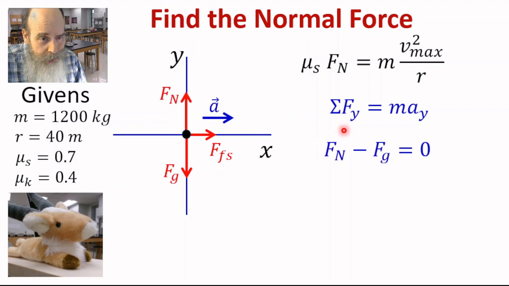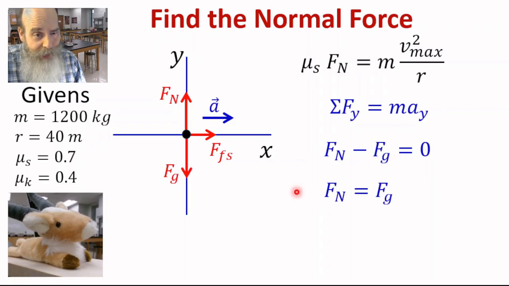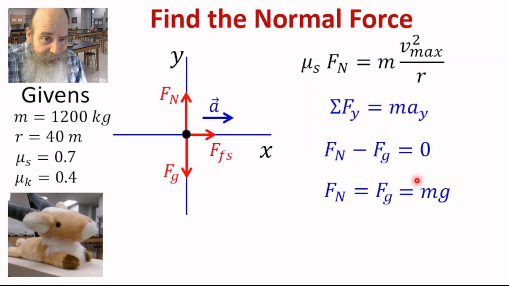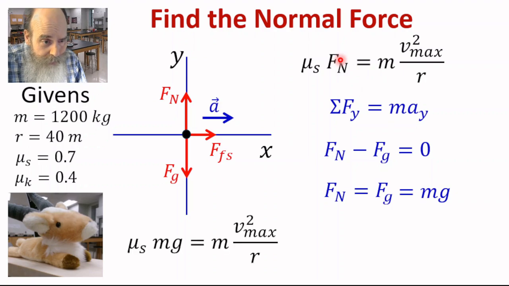So this summation is going to be Fn minus Fg. Negative in front of Fg because it is pointing downwards. And the acceleration in the y direction is just 0. So Fn minus Fg equals 0. Solve for Fn: Fn equals Fg. And Fg is just m times g. So let's put this mg into here for Fn. And this is what we get.